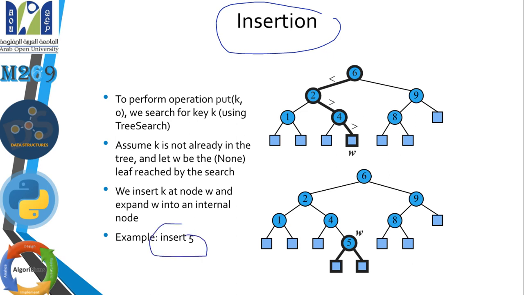So 5 should be inserted on this path because it's less than 6. 5 is bigger than 2, so we go to this path. 5 is bigger than 4, so it should be an internal node below 4. So the new 5 will be created here, and see, it also has 2 external nodes as children.